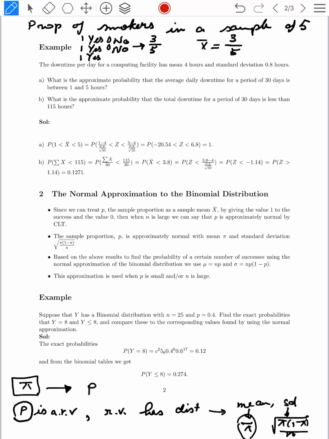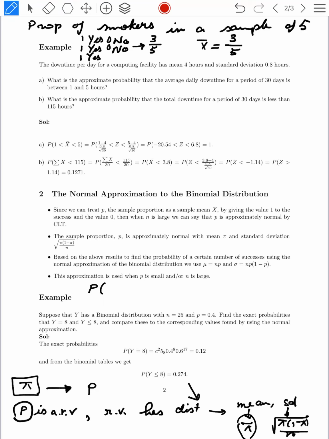Using some simple tricks, we can also find the probability for the number of successes based on what we've reached in this part. The number of successes can be approximated using the normal distribution, and we call this approximation the normal approximation to the binomial. How did we reach this?